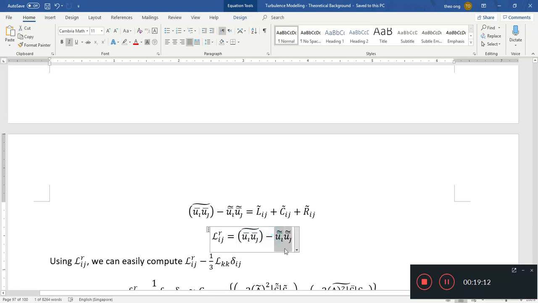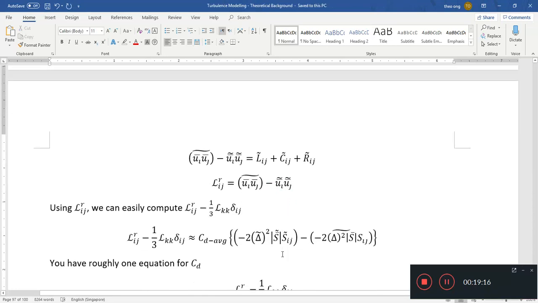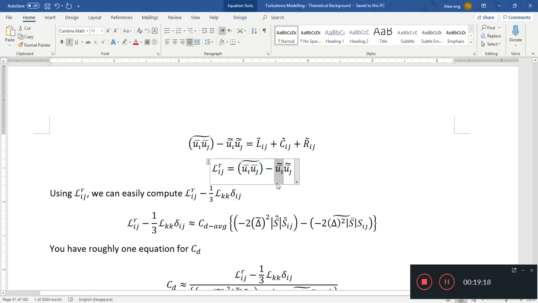Then you have the product of the doubly filtered velocities, so Ui bar and tilde, Uj bar and tilde. And having knowledge of this, we can easily compute the deviatoric part. Remember that we are just going to take the diagonals, sum them up, divide by 3, and subtract.